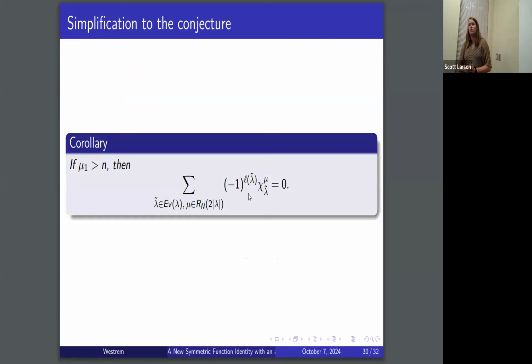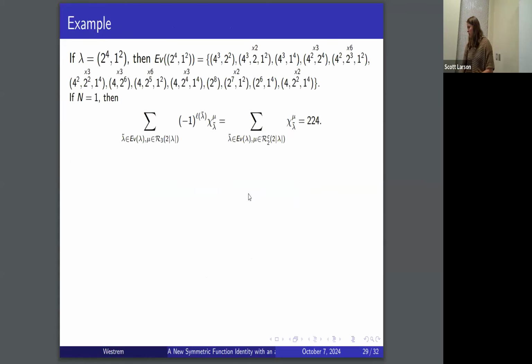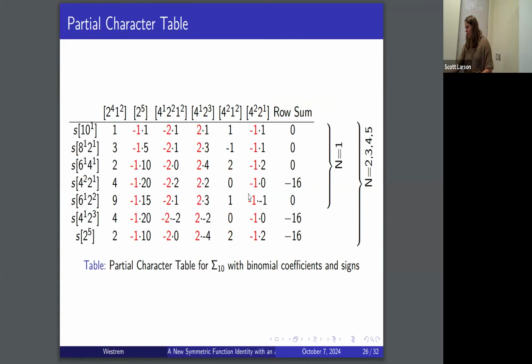But we were able to notice something looking at those partial character tables, that if mu1, so of even length, as described, is greater than n, half the size of the partition, then those character values are 0, which is what we saw before. So let me click back to that. So we see that here. So 10 is greater than 5, greater than 5 here is 8, same thing here, and same thing here.